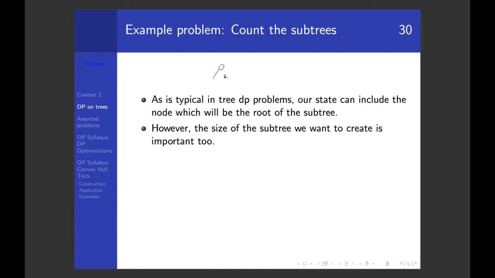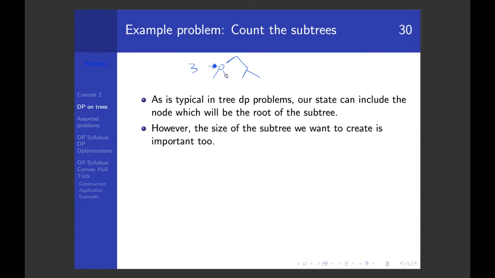So for example, let's say we have 2 children. It's our bigger tree here. If we're at this node here, the circled one, and we're going to create a subtree of size 1, the answer would be 3. In our state, we'll say a subtree of size exactly 2, there are 2 options. Size exactly 3, there's 1 option.